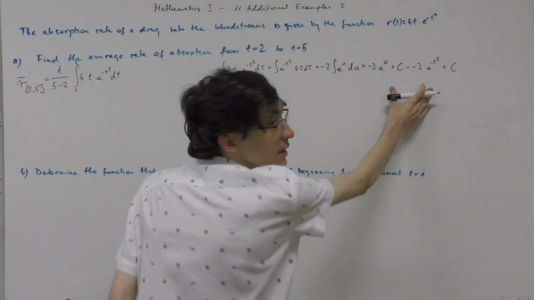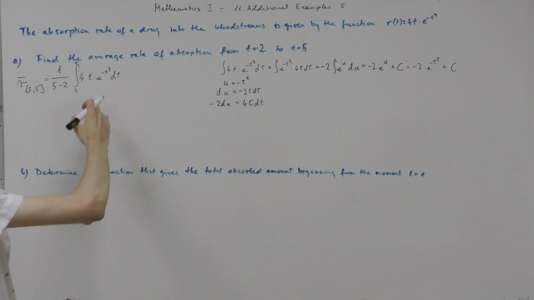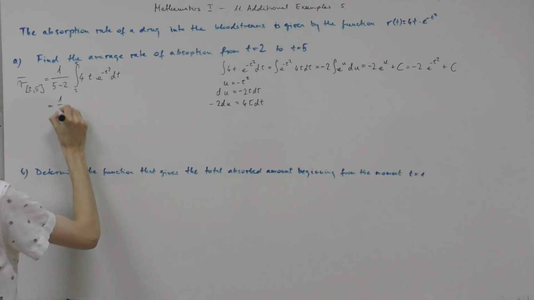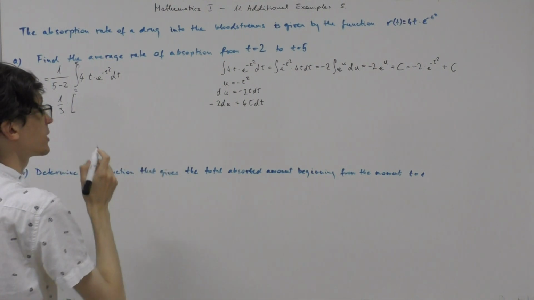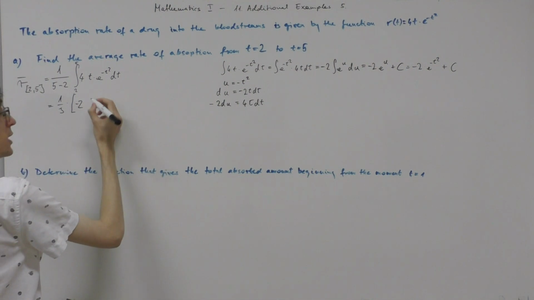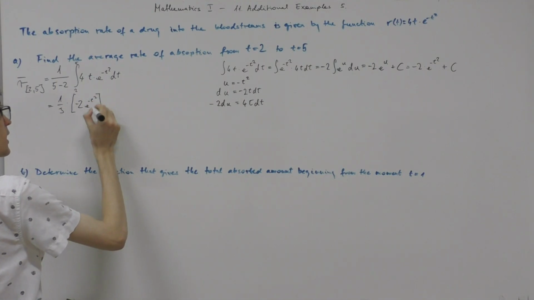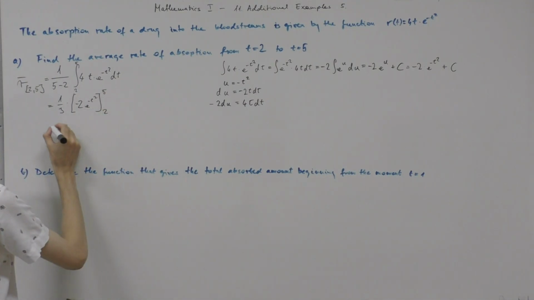And now that we have our indefinite integral, we can find the average using the definite integral, which will be 1 over 3 times, let's take the primitive function, negative 2 times e to the negative t squared, evaluated at 5 and 2, and of course taking the difference.